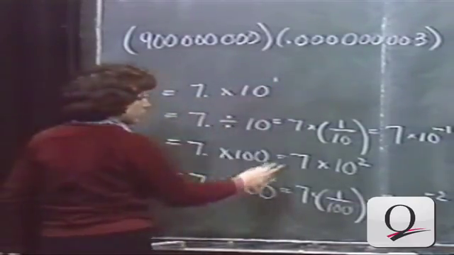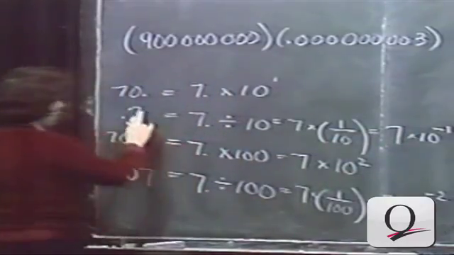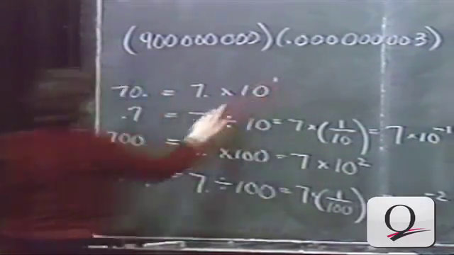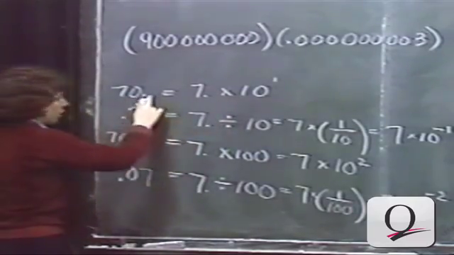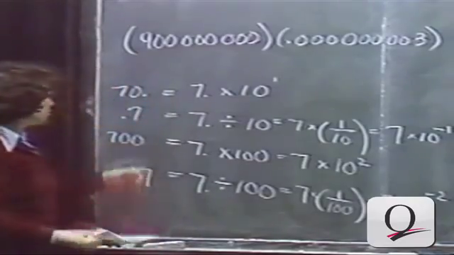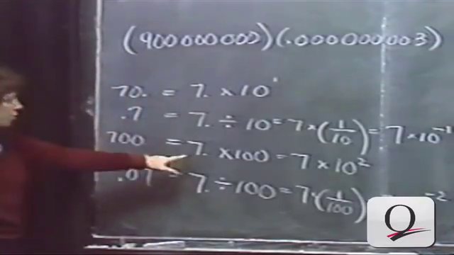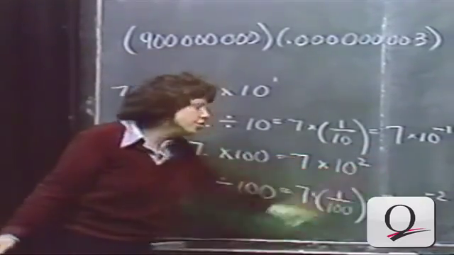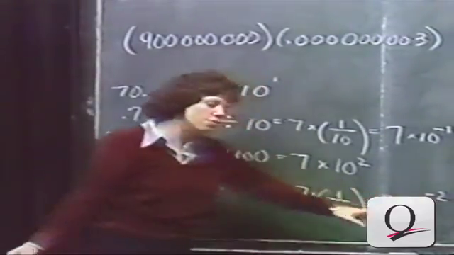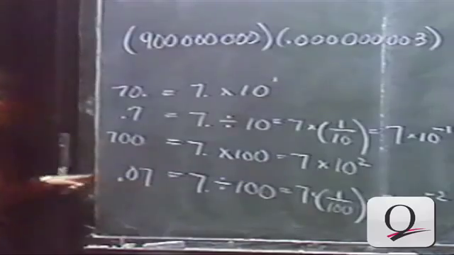If the power is negative, you move the decimal point that number of places to the left. For example, when you multiply by 10 to the first, you move the decimal one place to the right. When you multiply by 10 to the minus 1 power, you move the decimal one place to the left. When you multiply by 10 squared, you move the decimal 2 places to the right. When you multiply by 10 to the minus 2, you move the decimal 2 places to the left.